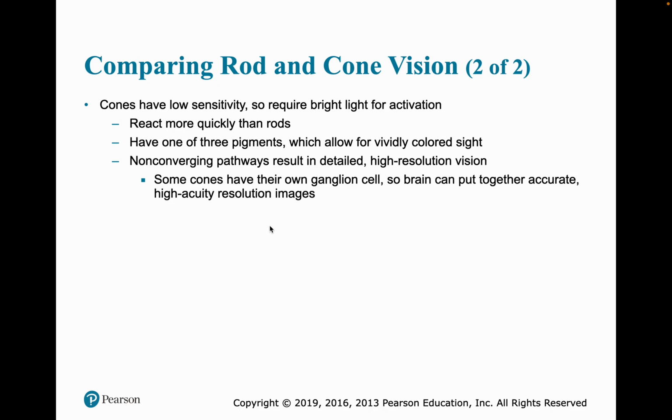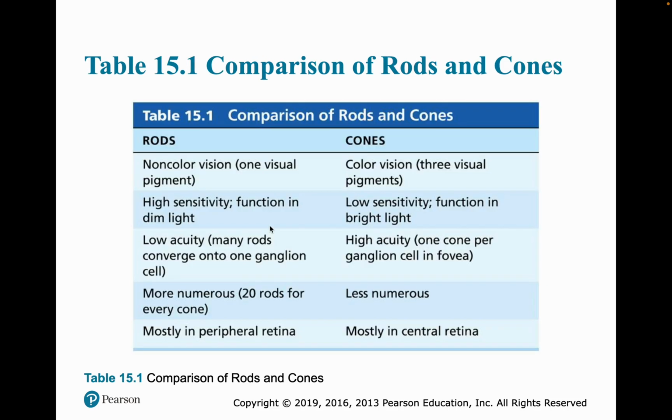They also have non-converging pathways, so we get detailed high-resolution vision. Some cones might have their own ganglion cell, so we get very sharp edges this way, but in the process of interpreting that image. So you should go over figure or table 15.1 for a comparison of rods and cones.